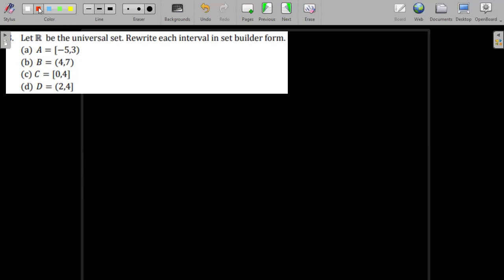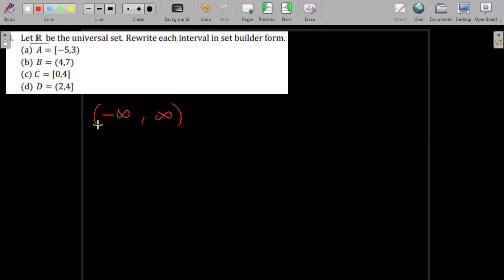So the set A. What you must know about interval form. They've said let R be the universal set. So the universal set R, of course, in interval form is from negative infinity to infinity.